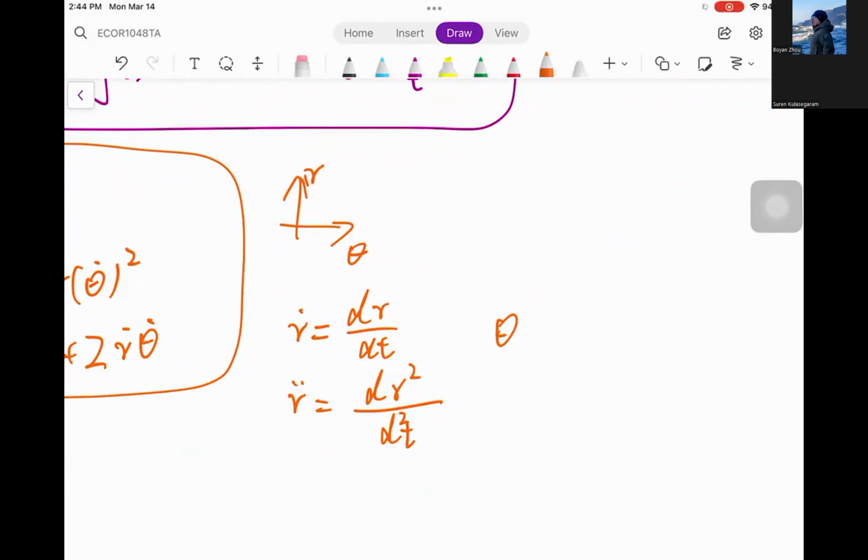Theta usually is the angle in polar coordinates, so theta dot is the rate of change of the angle. It's usually called omega, or angular velocity. And theta double dot is the acceleration of the angle changing.